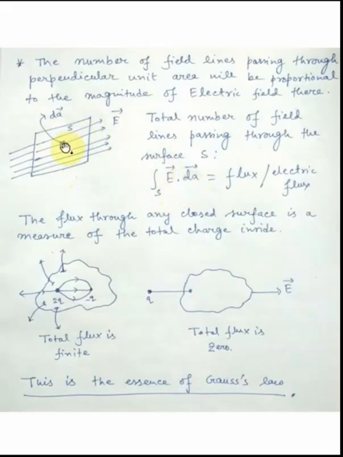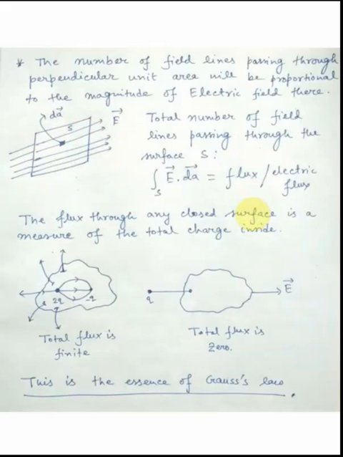E dot dA represents the number of field lines passing through this elemental area dA, and the dot is the dot product between them. So it represents the perpendicular component of electric field along dA. Now, if we want to find the total number of field lines passing through this surface, we have to integrate over the total surface area, and that will give us the electric flux.